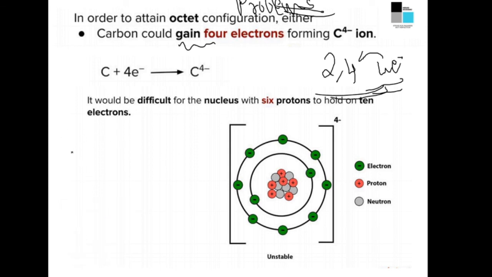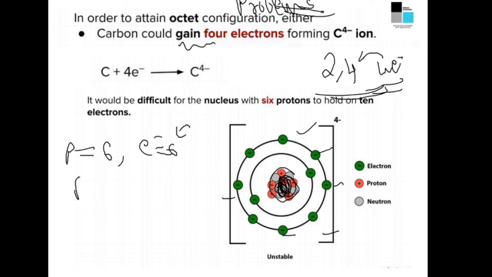Why? Because initially the number of protons in the nucleus would be 6, since its atomic number is 6. So the electrons would also be 6. Since the protons are 6 and electrons are 6, when it tries to gain 4 electrons, the electrons would become 10. You can see there is a huge difference between 6 and 10, right?